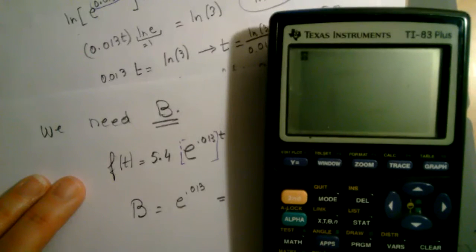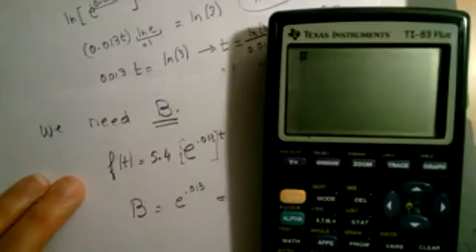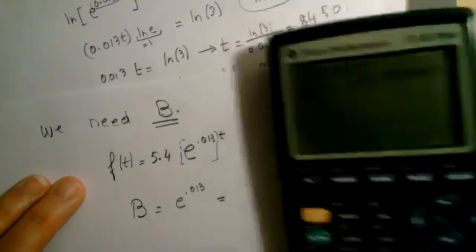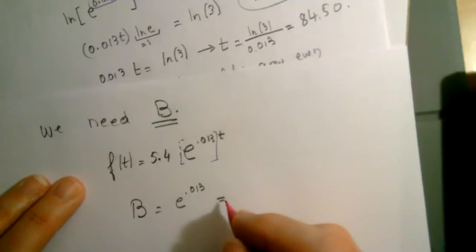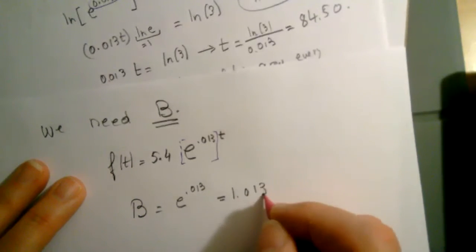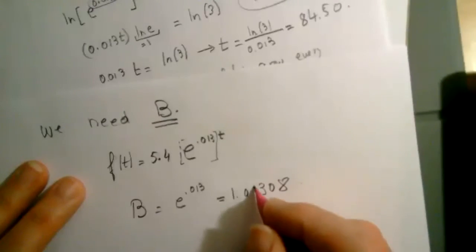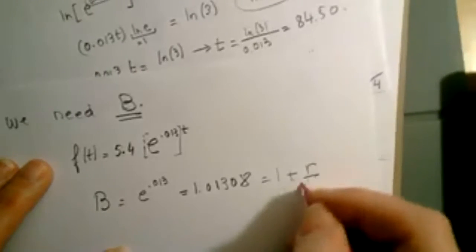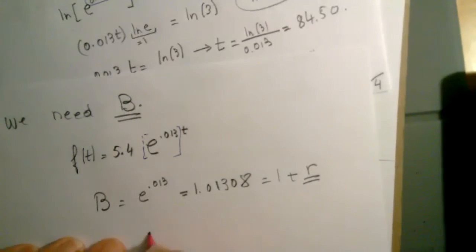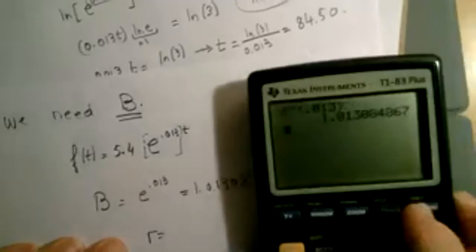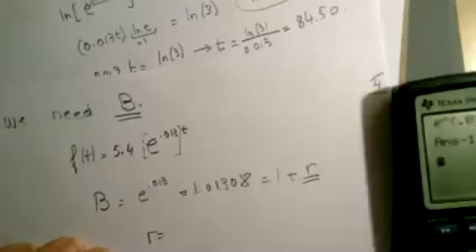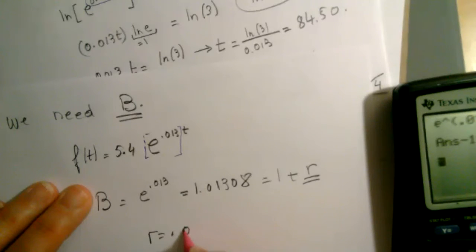What is my e? My exponent is here, 0.013. I'm getting 1.01308. And this is 1 plus r. So my rate is this exact same value, and I'm going to take 1 away, and it's 0.01308.